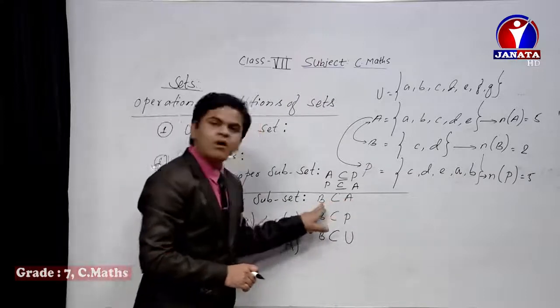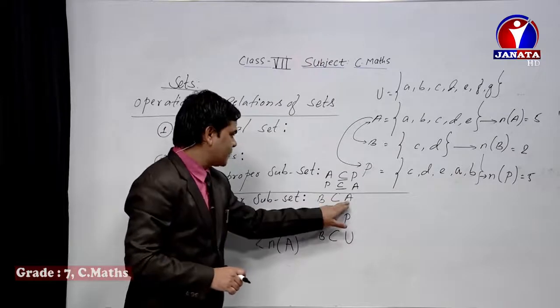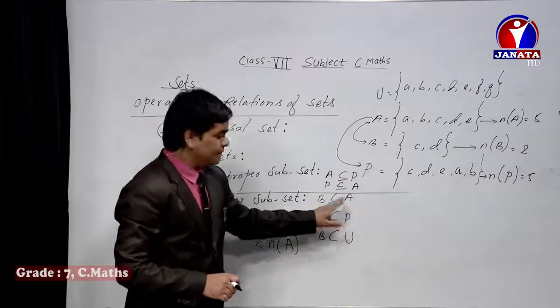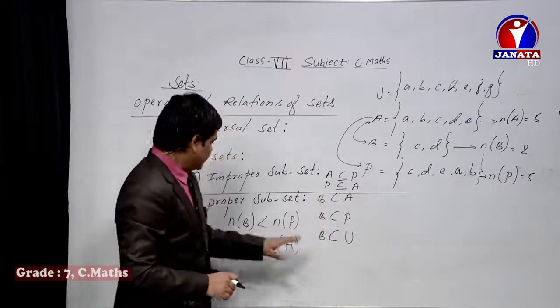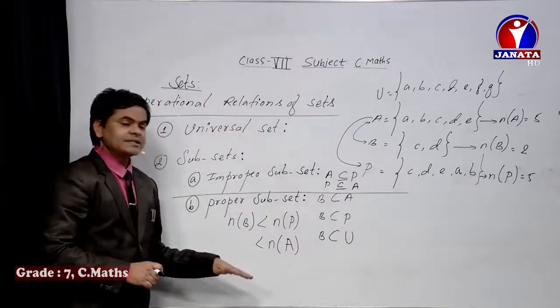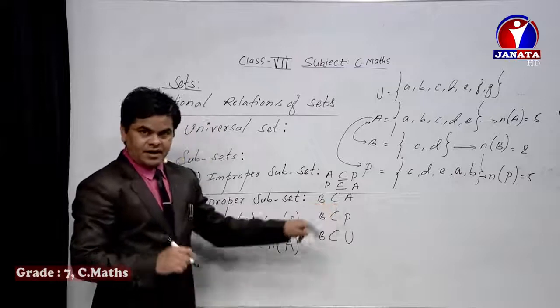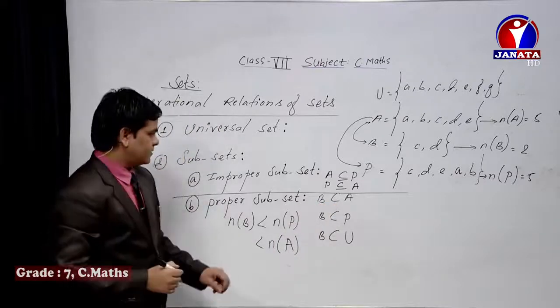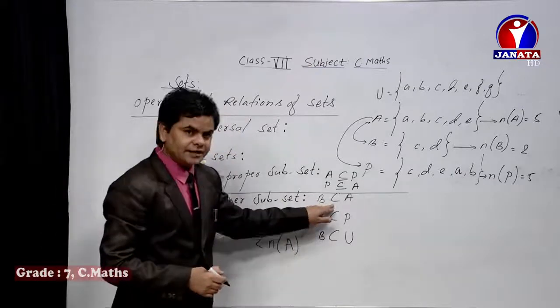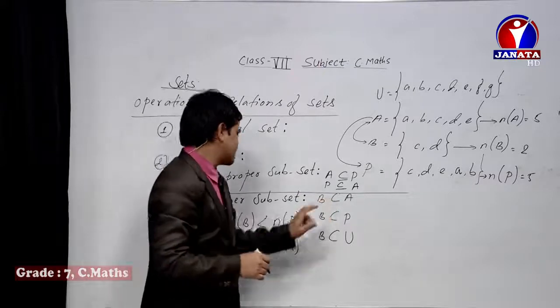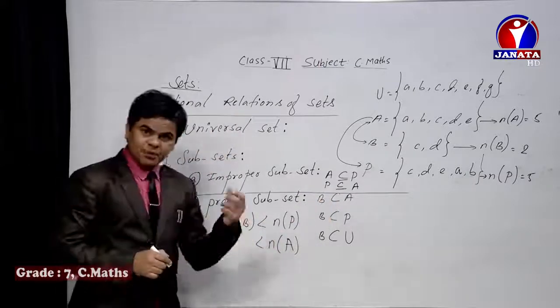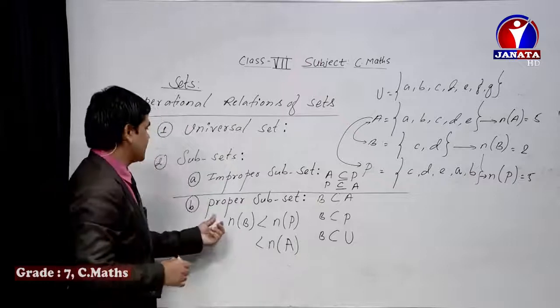Similarly, all of B's elements are found in set A, but all of A's elements may not be found in B set. In such cases, that type of relationship is known as proper subset, and we denote it by this sign, the U sign turning towards the right. That is the symbolical representation of proper subset.